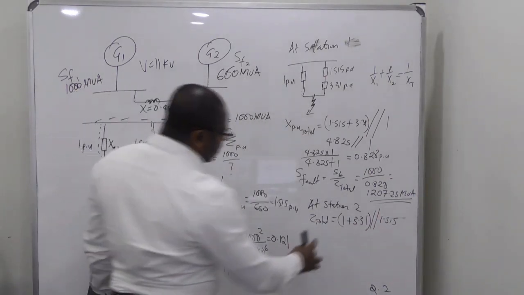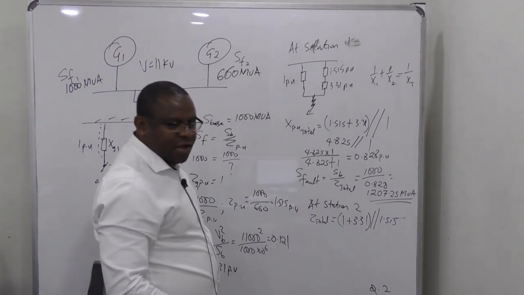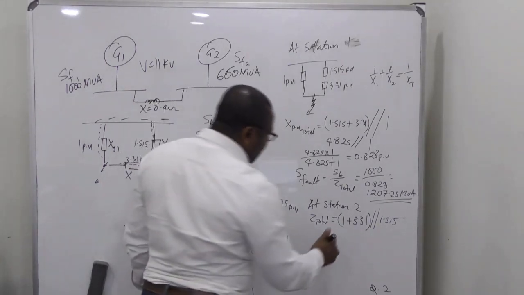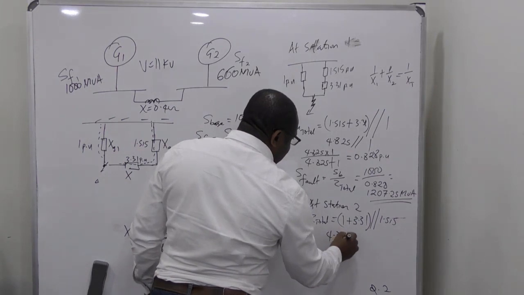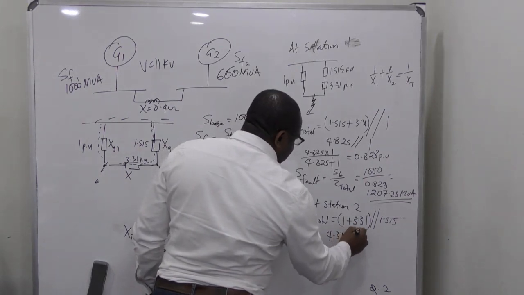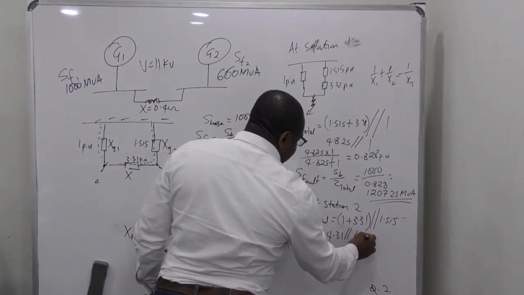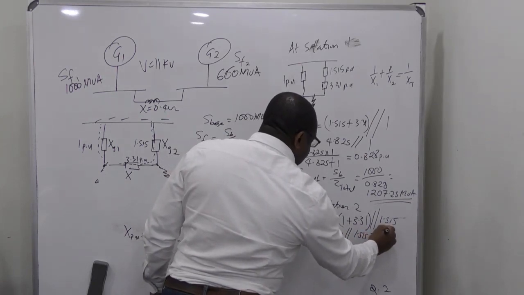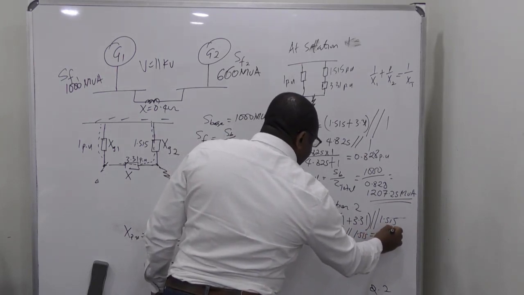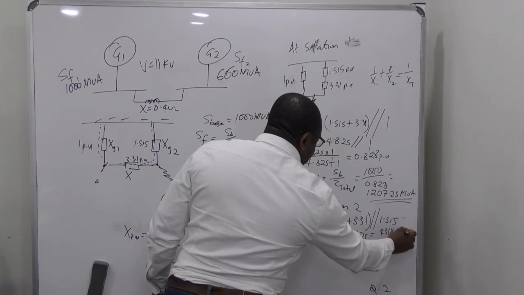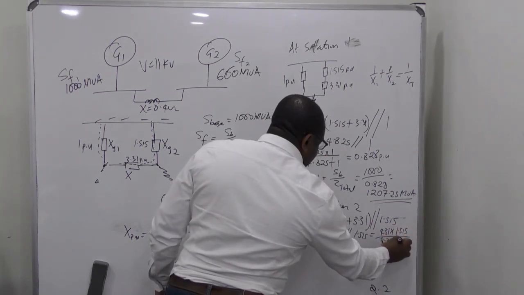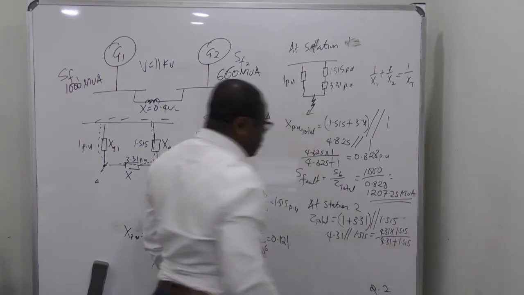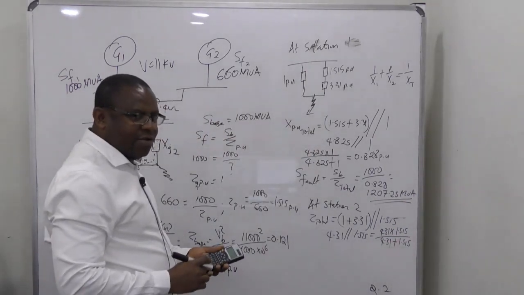Which is this plus that gives you 4.31, okay, parallel 1.515. What does that mean? It means 4.31 times 1.515 over 4.31 plus 1.515. Okay, did you get that?